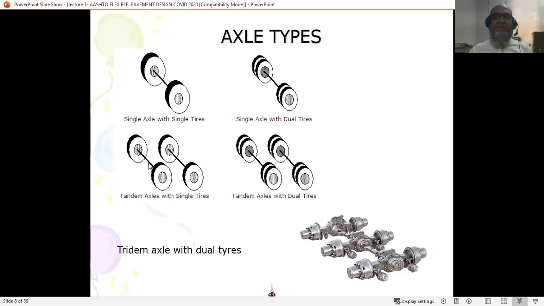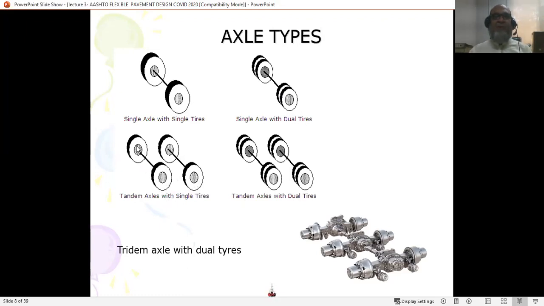Now, if the axles are together, one after the other, if you see two axles together, then that is called a tandem axle. A tandem axle can have a single tire on each side.